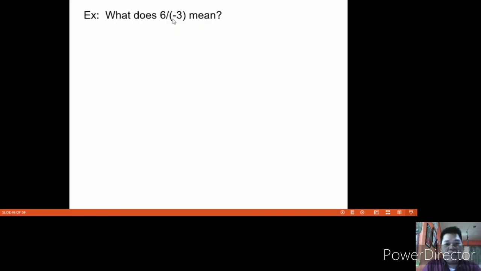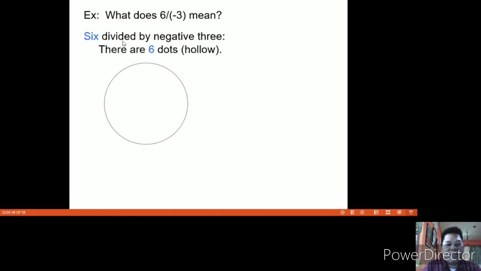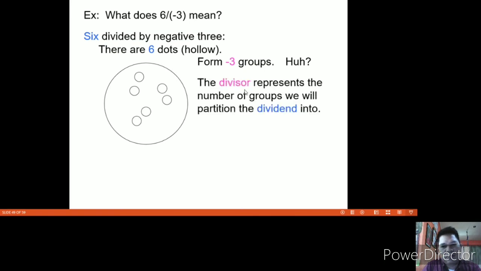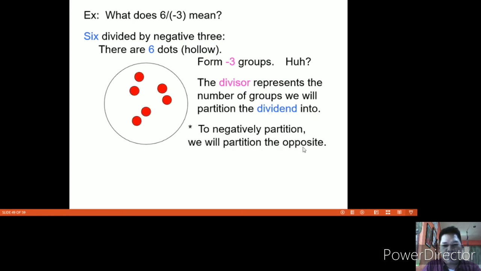What does 6 over negative 3 mean? Or 6 is divided by negative 3. 6 divided by negative 3, there are 6 hollow dots. Form negative 3 groups. So the divisor represents the number of groups we will partition the dividend into. To negatively partition, we will partition the opposite.